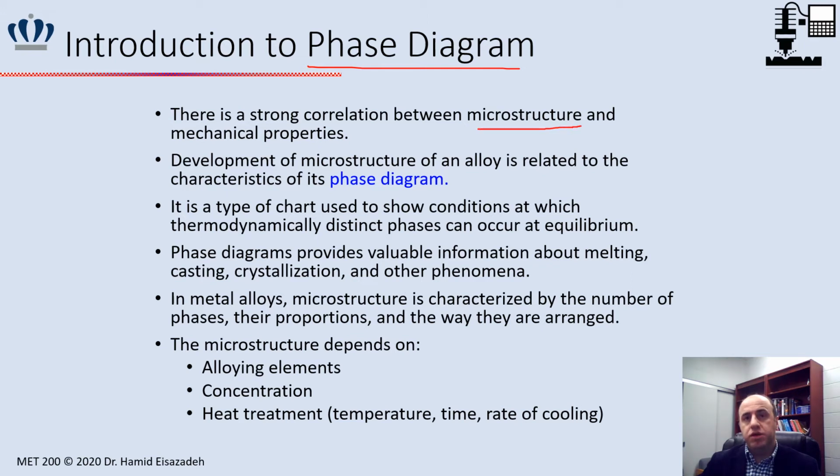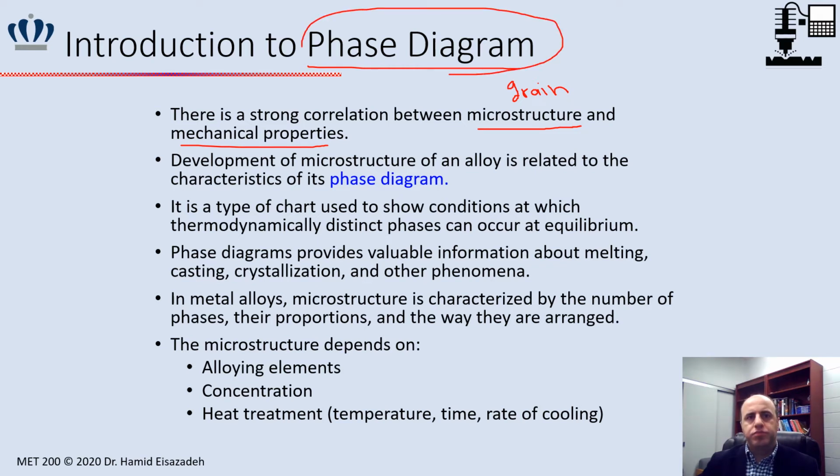As I said before, structure can be grain, whether it's small or whether it's large, and other microstructure behavior. We have a strong correlation between microstructure and mechanical property, so we can understand these properties by looking at phase diagrams.